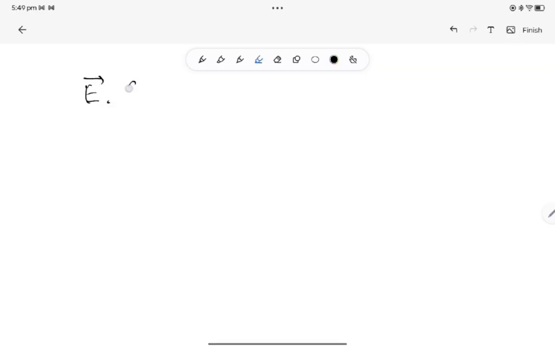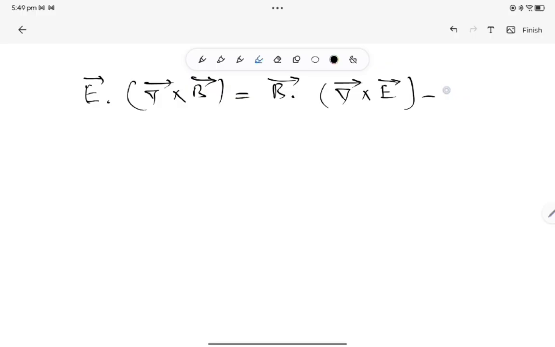Let us correct that. We write E dot del cross B is equal to B dot del cross E minus, it is minus actually, you can check it yourself, del dot E cross B.